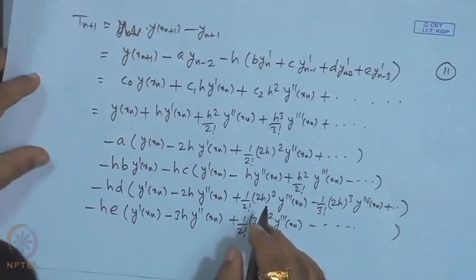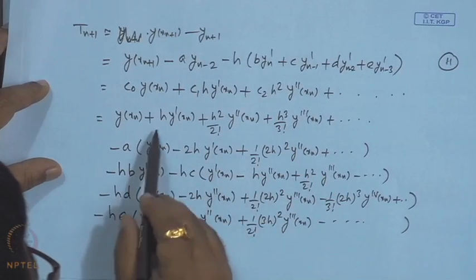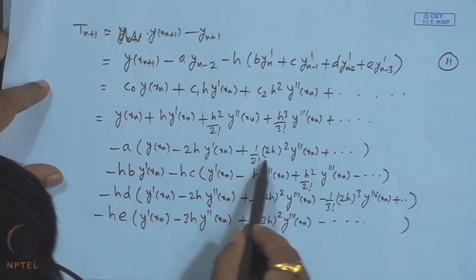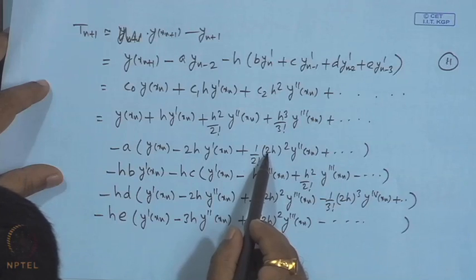Then H2, coefficient of H square, look at it here 1 by 2. Now, here we have 4 H square.